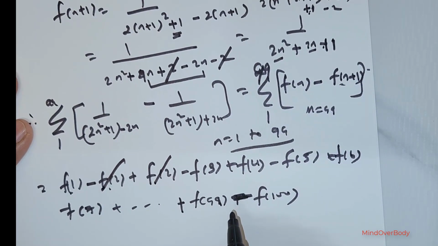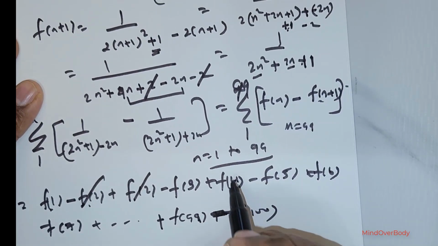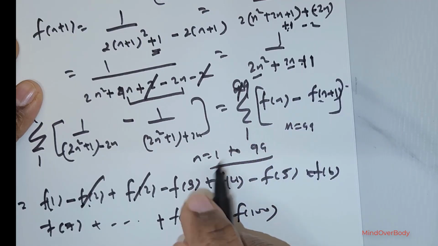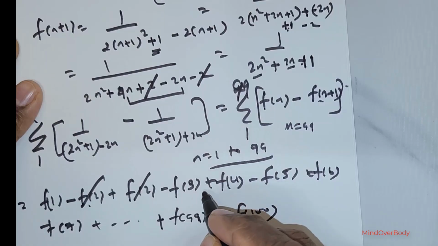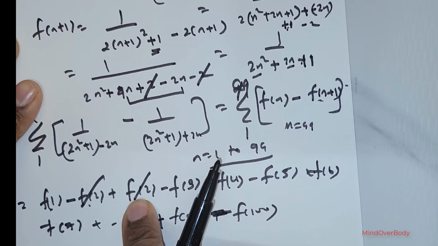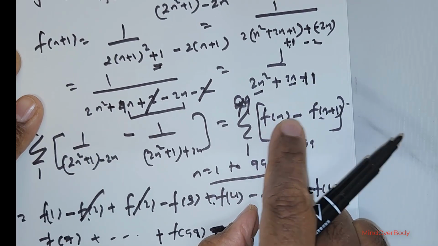There is going to be an intermediate term, because I should have placed this between 2 and 3, so this is etc. Probably I will introduce this: n equal to 2, you get f of 2 minus f of 3.